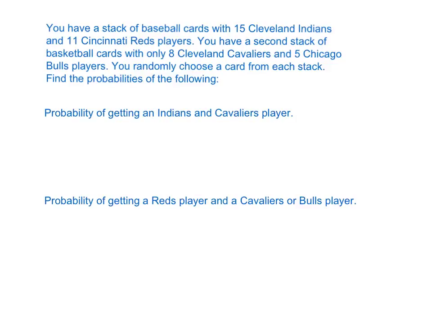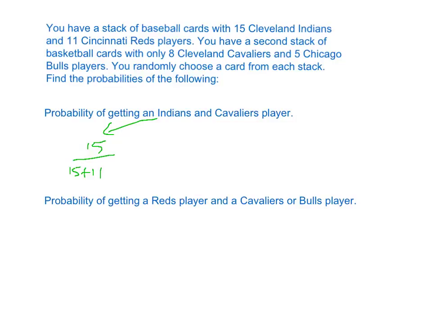Alright, we have a stack of baseball cards that has 15 Cleveland Indians and 11 Cincinnati Reds players. There's a second stack of basketball cards that has 8 Cleveland Cavaliers and 5 Chicago Bulls players. You randomly choose a card from each stack, find the probabilities. The first one is the probability of getting an Indians and a Cavaliers player. Focusing on the Indians piece, we've got 15 out of a stack that has 15 and 11.